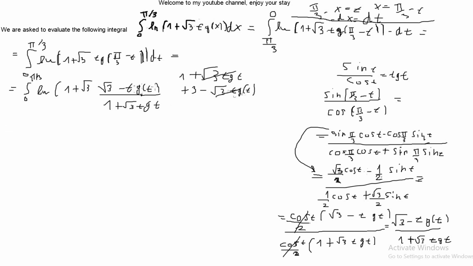So this equals an integral from 0 to pi over 3 of ln of 4 over 1 plus square root of 3 tangent of t dt. Okay, so this is what we have.